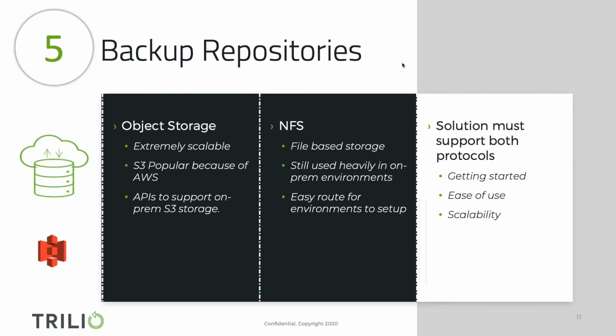So supporting object storage, whether it's in the cloud or on-prem, is highly required. And then certain customer environments already have a bunch of different file servers or existing storage systems that are providing file-based protocols. So supporting protocols like NFS becomes very important as well.